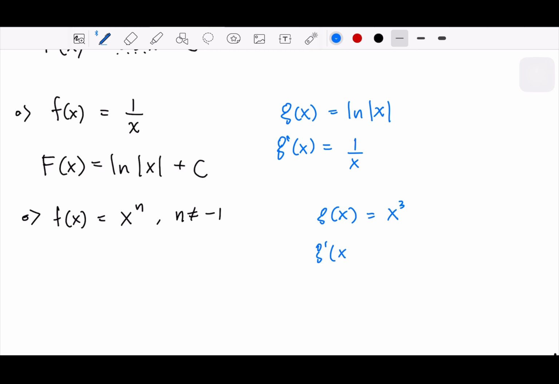If we take the derivative, it will be 3x squared, right? To go from this part back to this part, we first need to remove the constant 3, and then the power 2 becomes 3, so we need to add to the power. So if we think from this derivative form to make it into our original function, we need to remove the constant, which is divided by 3, and the power gets plus 1.